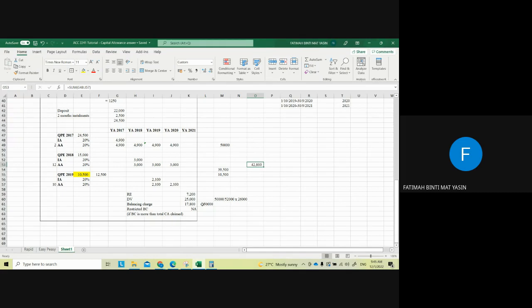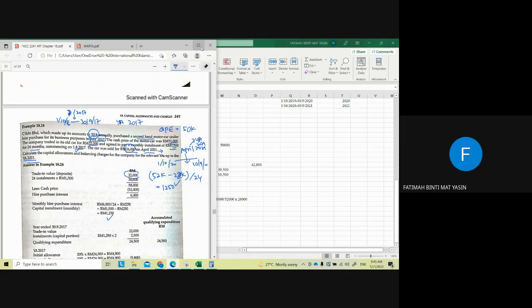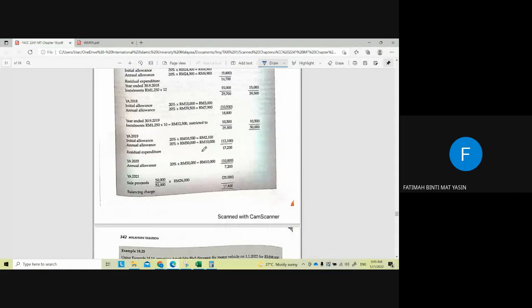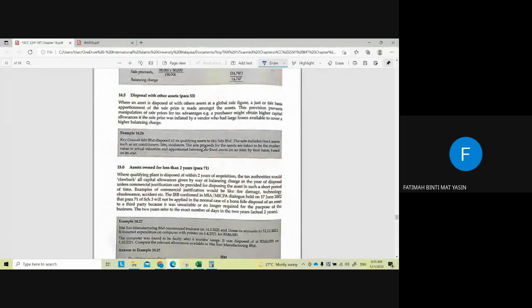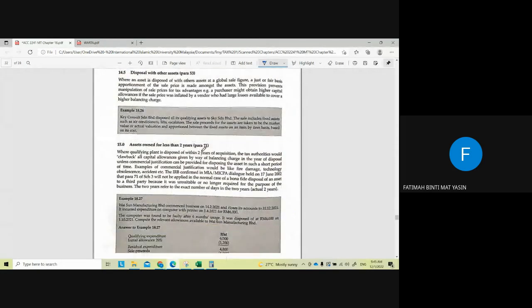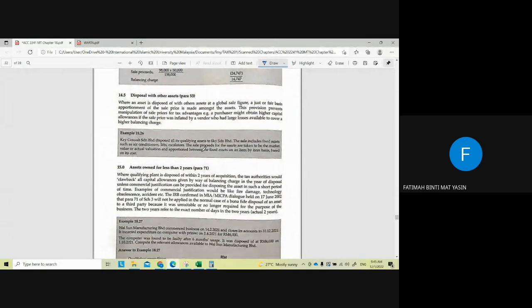In that case, the balancing charge is not 50,000, it is 42,800. That's why you have a restriction here. But in this case, it is not applicable because the amount of the initial allowance and annual allowance that the company claimed is only 42,800. So that's for 18.24. Now this one, disposal with other asset.